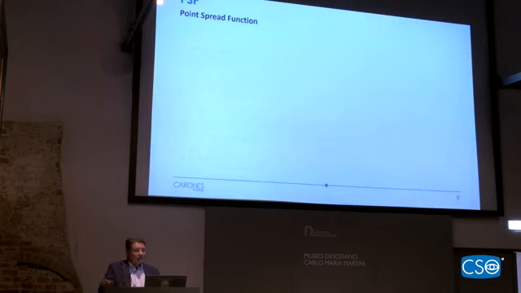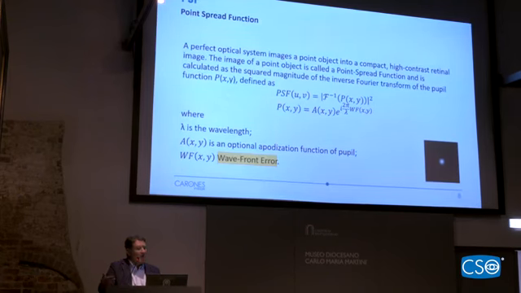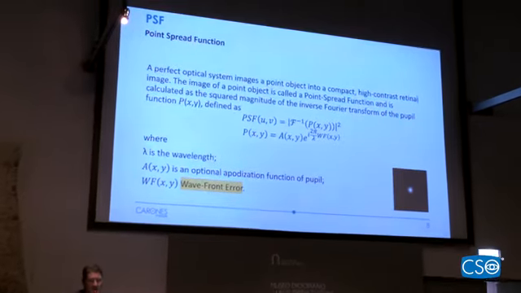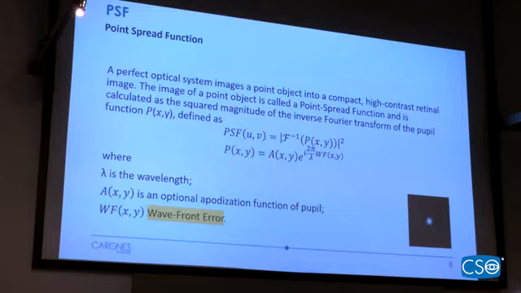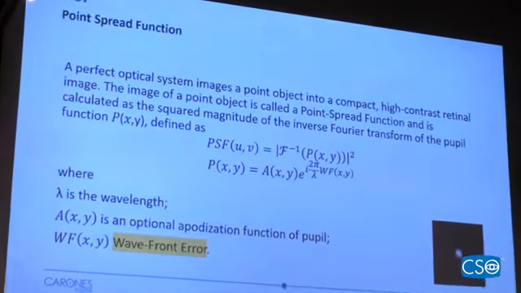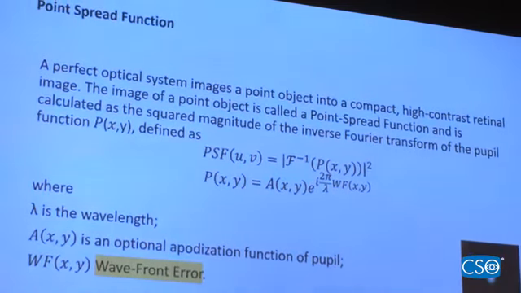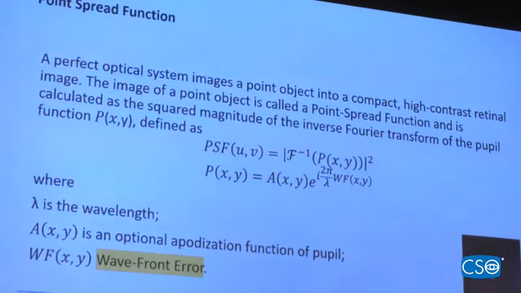We know that point spread function is one of the ways that we have to measure the performances of an optical system. However, point spread function relies on one data, which is the wavefront error. You see here in the formula, I'm not going into the details, but at some point it is WF of X, Y, that's the wavefront.